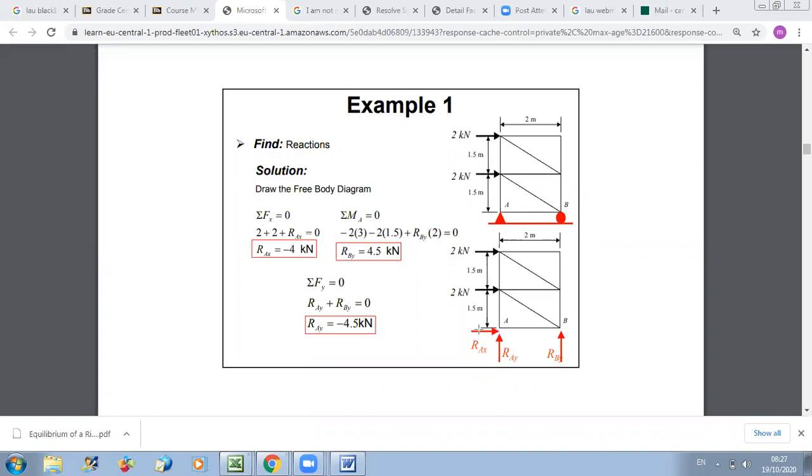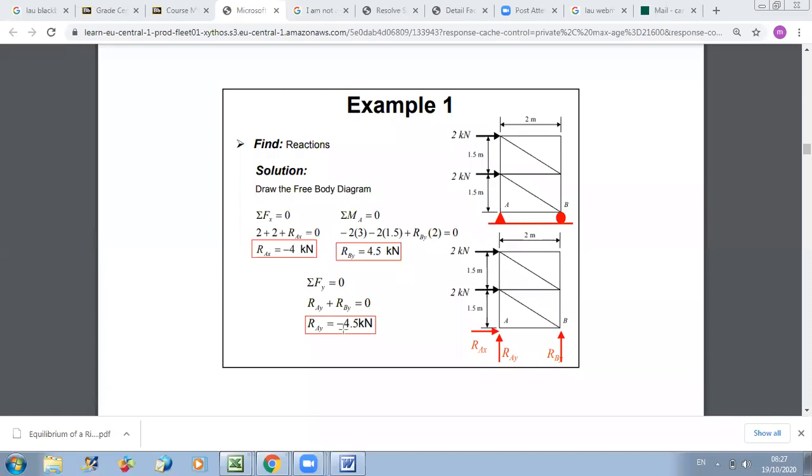And now along the Y direction, you have already found RBY. So to find RAY, all you have to do is write that sum of Y equals 0. You get the value of RAY. And pay attention to something: you always assume a direction when you put your force here. I assumed that RAY is upward, so when I solve, I obtained a negative result.